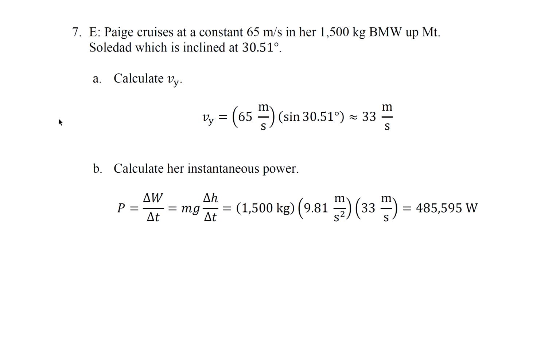Part B, calculate her instantaneous power. So power is delta W over delta T. So that's going to be mg delta H over delta T, because kinetic energy is constant. So the power is coming from going up a height. And delta H over delta T is from part A.